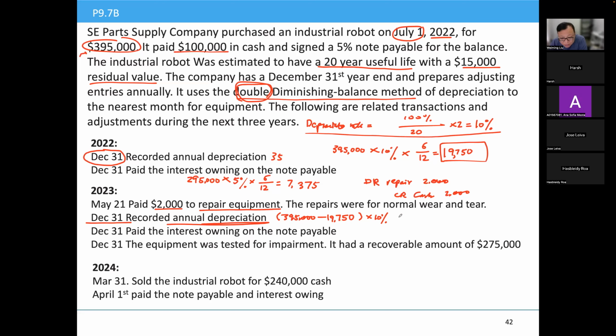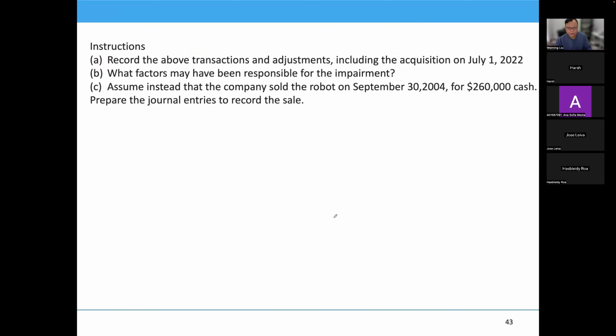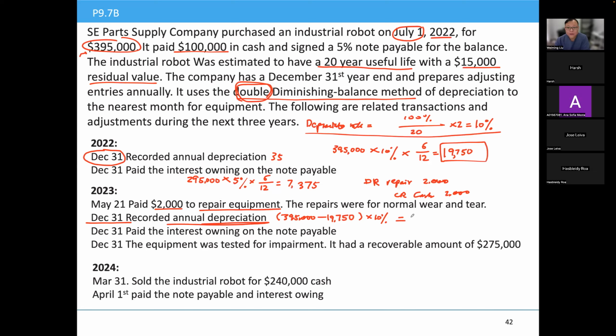Okay, so this one should be, let me use my calculator. Minus. So I have 37,525.